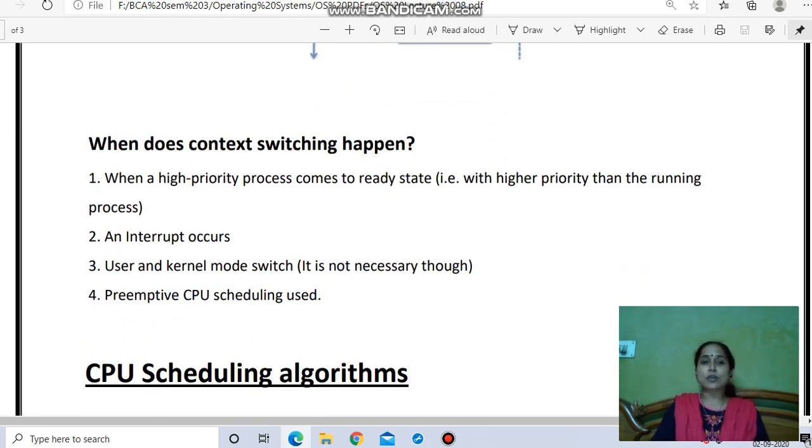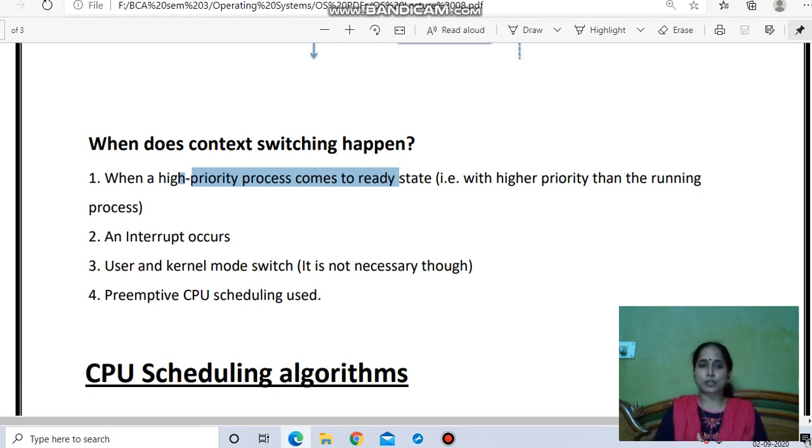When does context switching happen? When a high priority process comes to a ready state. We have discussed many times that when process 1 is scheduled and some high priority process comes to the ready queue, then for the moment the execution of process 1 will be aborted temporarily, and process 2, which is of higher priority than process 1, will be allotted the CPU time.